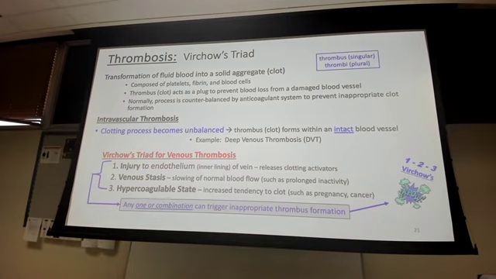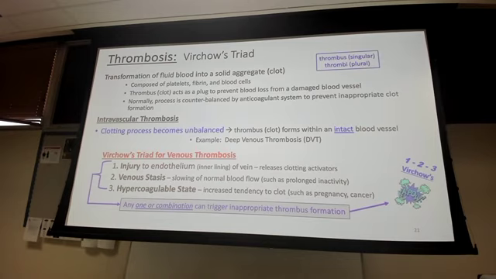If you get some type of significant trauma, if something hits it pretty hard, that can damage the endothelium. If somebody smokes and you're taking in all these toxins, those toxins are going to damage that endothelium. That's why smoking is a big risk factor for developing blood clots. So anything that damages that inner lining of the endothelium can increase the risk of a blood clot forming when it shouldn't.